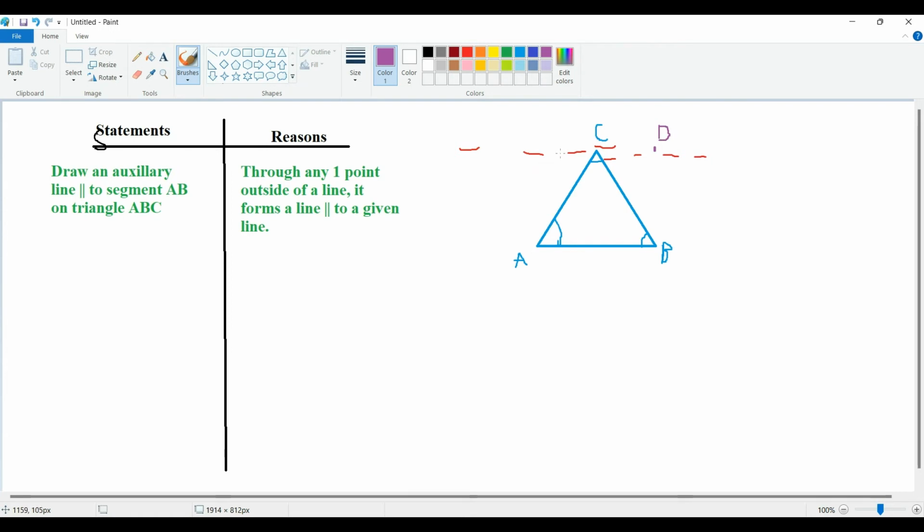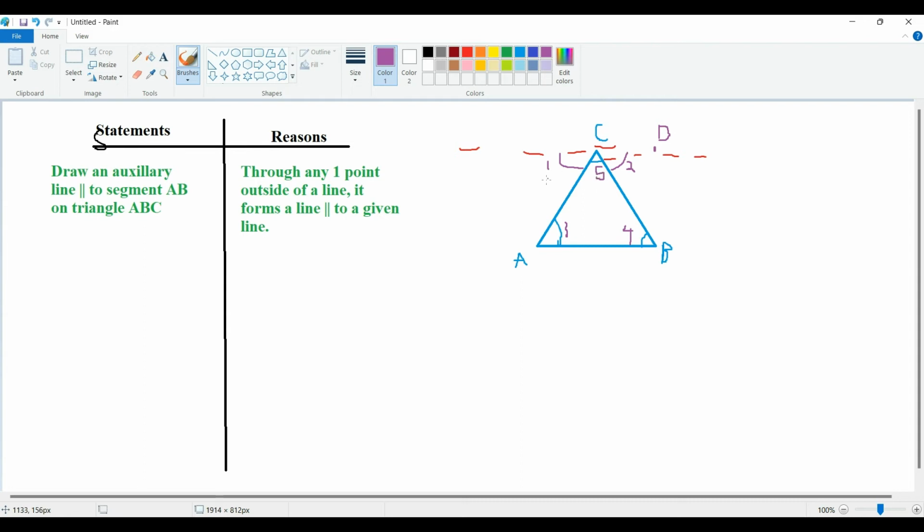Alright, and let's assume that this angle right here, this one between the auxiliary line and the triangle, is angle 1, and this is angle 2. Let's also give these names 3 and 4. Alright, so next, as you guys can see, it's obvious, so let's also label this as 5.